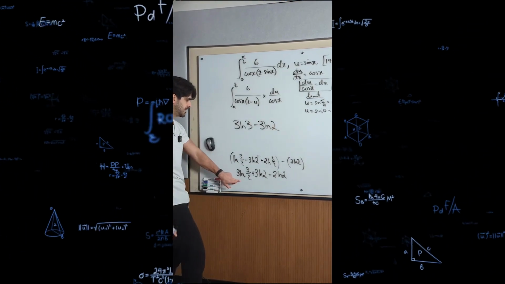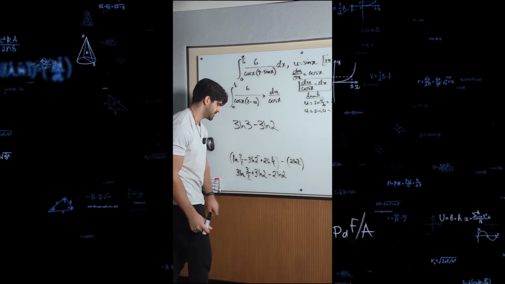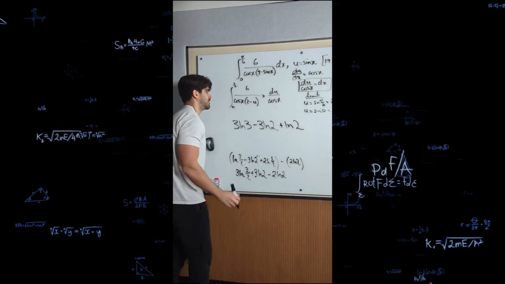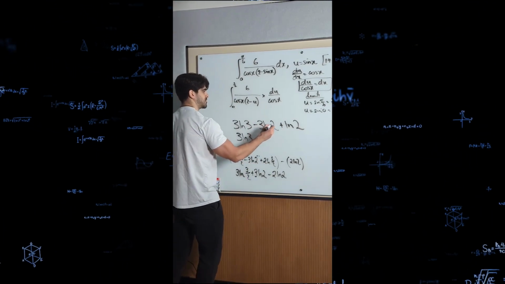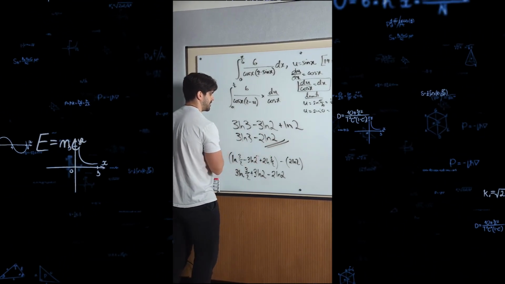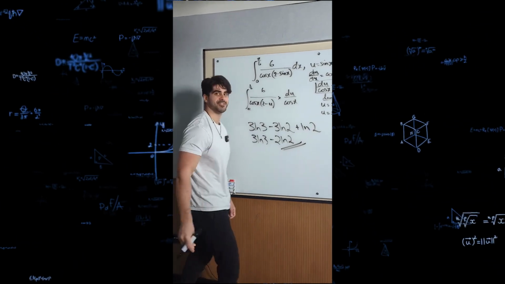So that's that. Then this minus this is just ln 2. So we're left with 3 ln 3 minus 3 plus 1 is minus 2 ln 2. And that is our 14 marks, the question done.